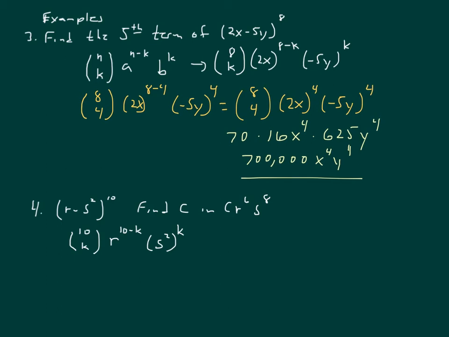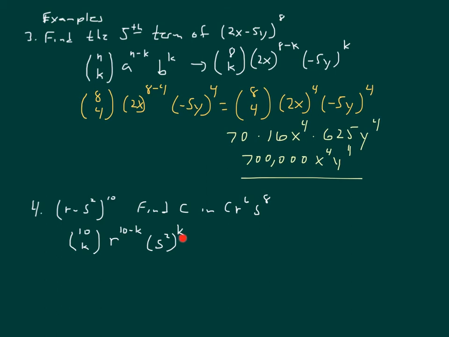So if I look at that general term, it's going to be 10 choose k, r to the 10 minus k, s squared to the k. And now what we have to do is identify what value of k is going to make this true. Well, in this case, we want the power on r to be 6. That's going to be when k is 4.